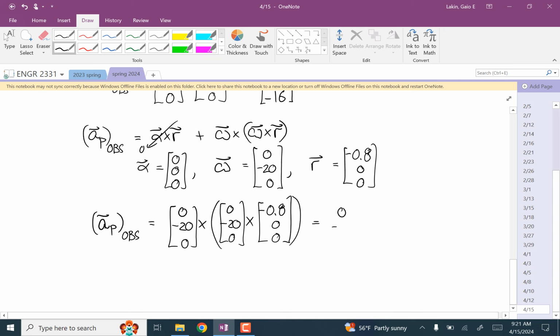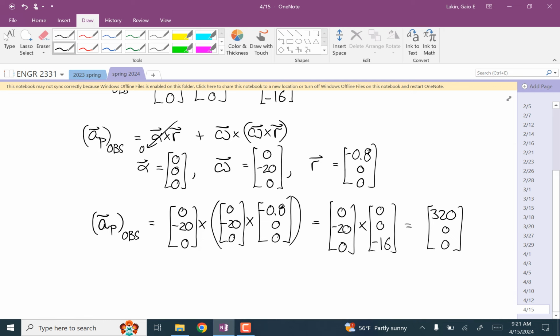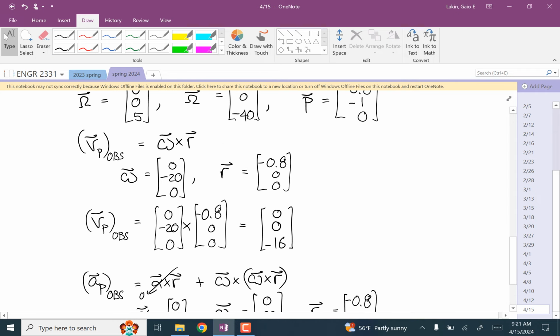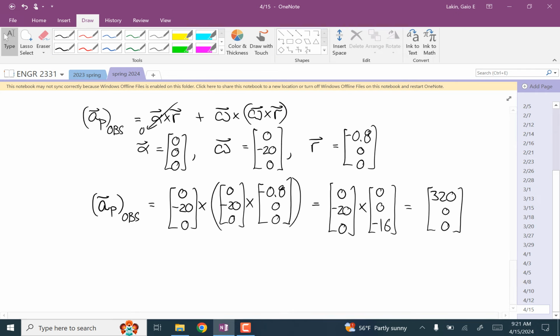So this is 0, negative 20, 0, crossed with 0, 0, negative 16. And so that is 320, 0, 0.